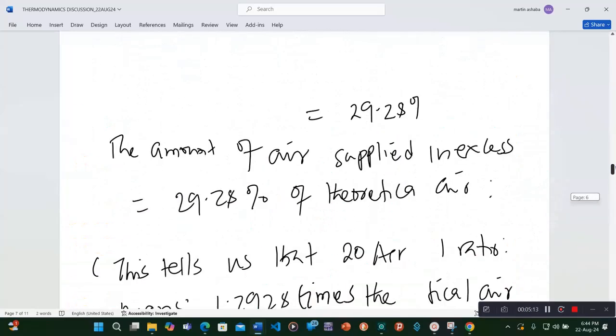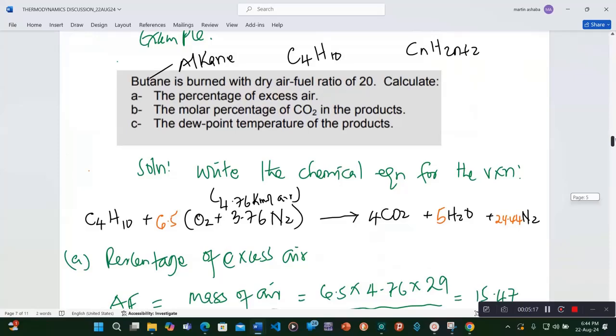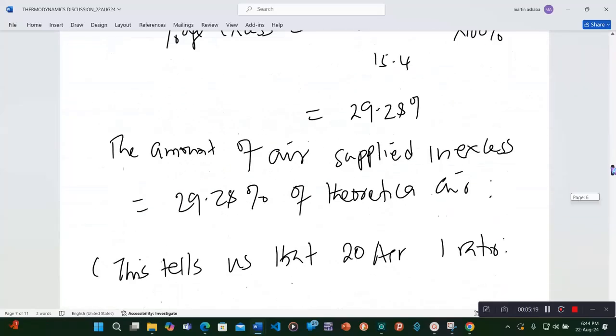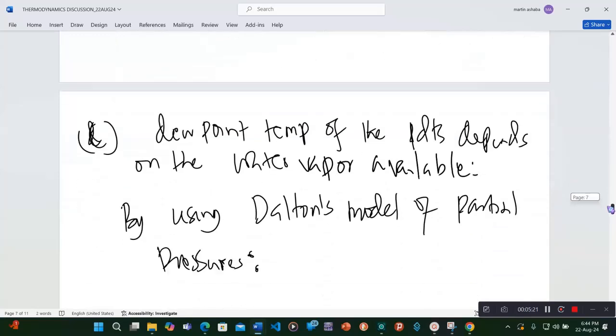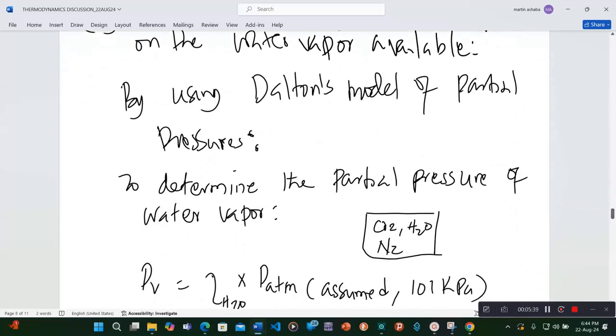Now, part C requires us to determine the dew point temperature of the products. To determine the dew point temperature of the products, we need to analyze the water vapor that is available in the byproducts. So by using Dalton's model of partial pressures, we will have to determine the partial pressure of the water vapor.